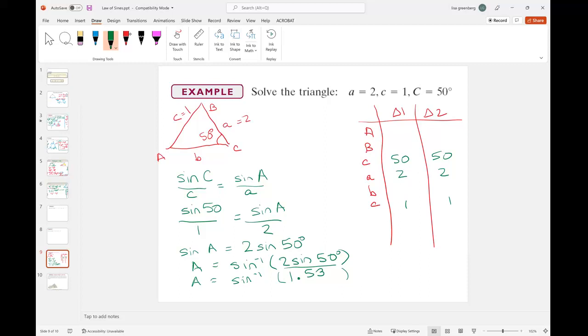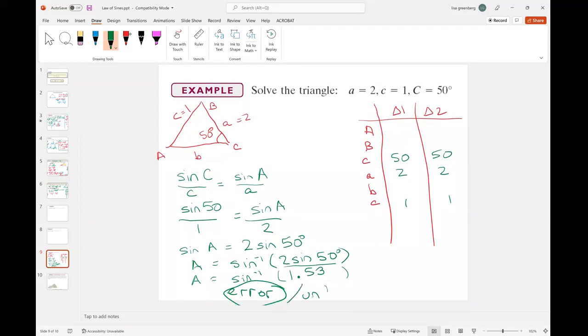And what's the largest value that the sine can be? 1. This is bigger than 1, which means it's impossible. So this is an impossible triangle. This will give you some error or undefined, whatever it gives you. It's because you cannot find the inverse sine of 1.53 because it's too big. So this one has 0 triangles.